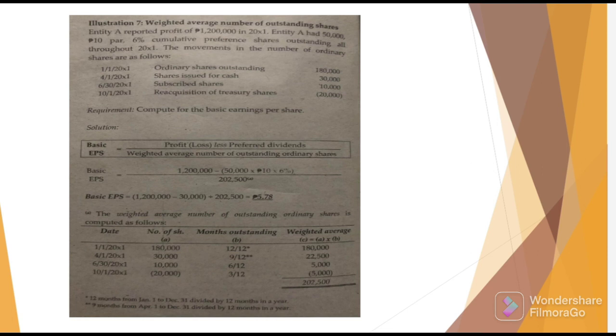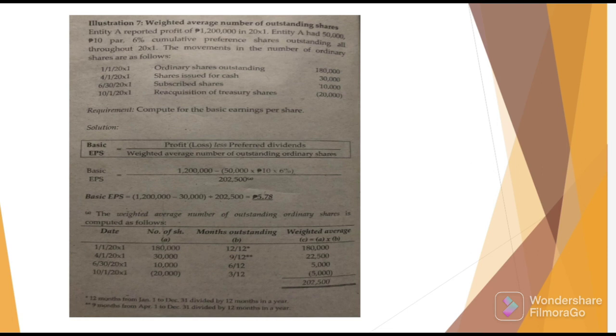Ito, weighted average number of outstanding shares. Entity A reported profit of 1,200,000 in 2021. Entity A had 50,000, 10 pesos par, 6% cumulative preference shares outstanding all throughout 2021. The movements in the number of ordinary shares are as follows.